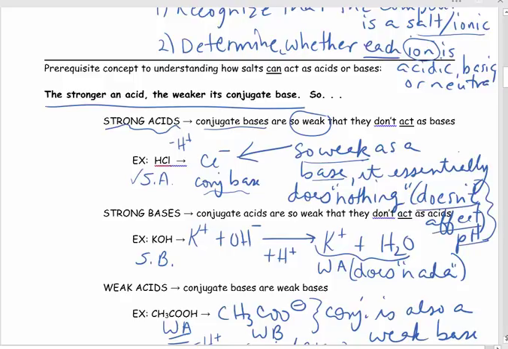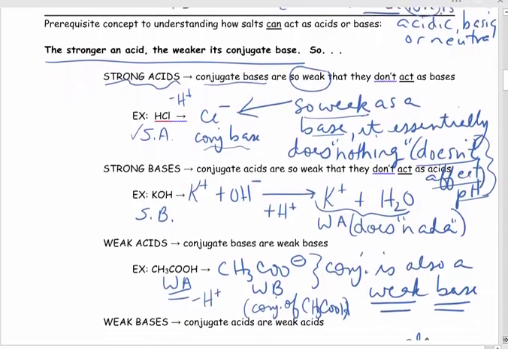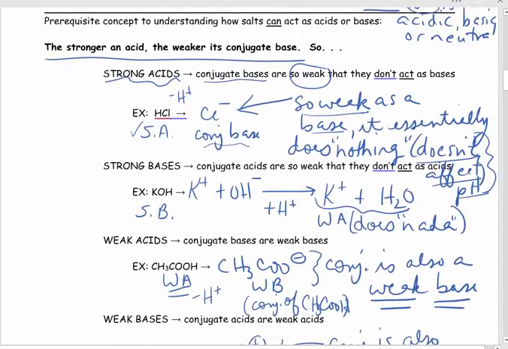On the other hand, if you have a strong base, the conjugate acids are so weak that they don't act as acids. So for example, we can think of the conjugate acid of KOH, or K plus OH minus. Remember, you gain an H plus to get the conjugate acid. So the conjugate acid of K plus OH minus is K plus water.